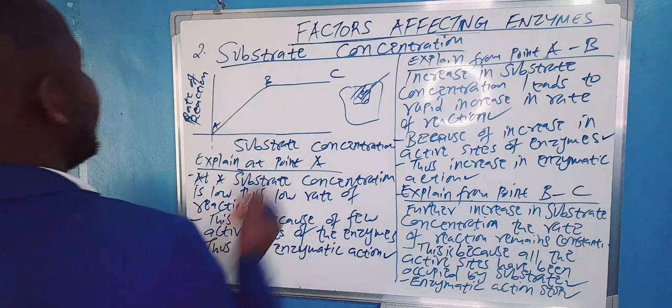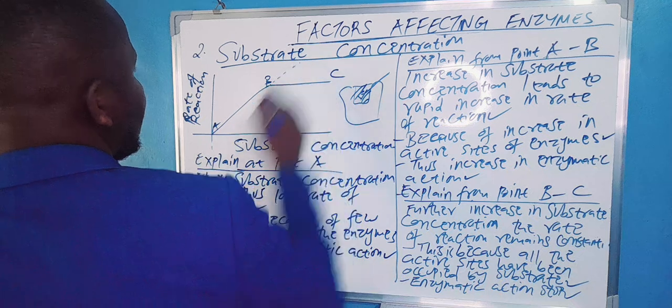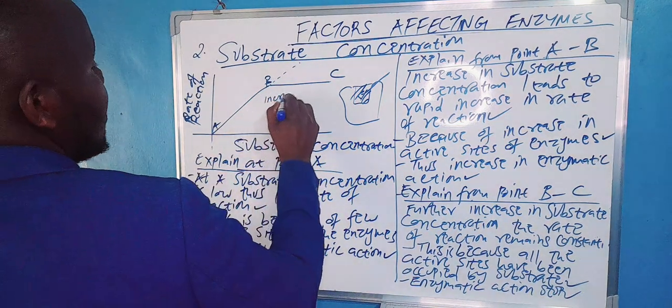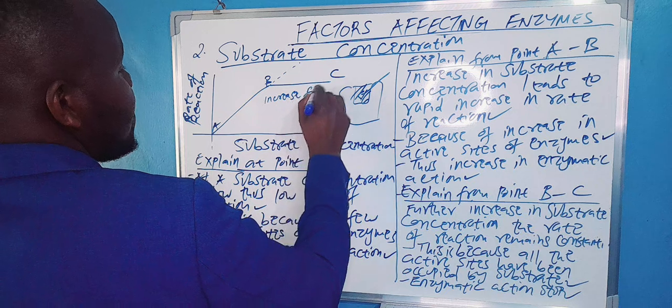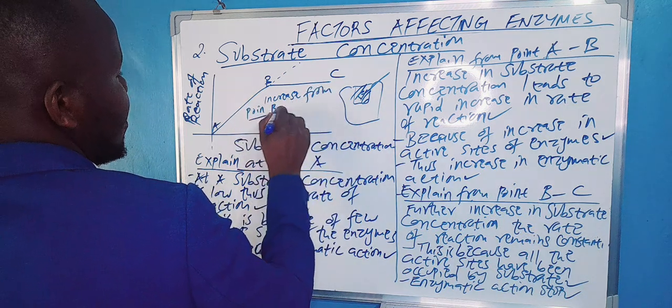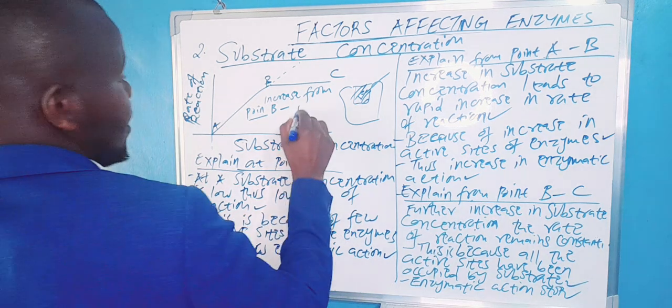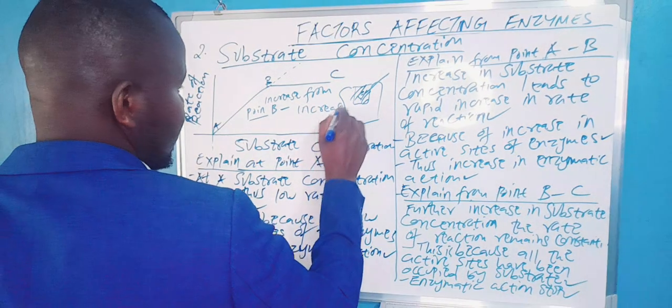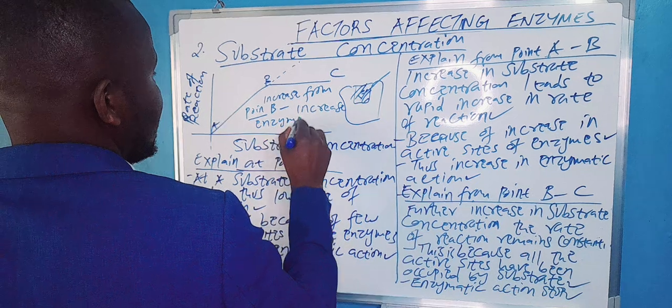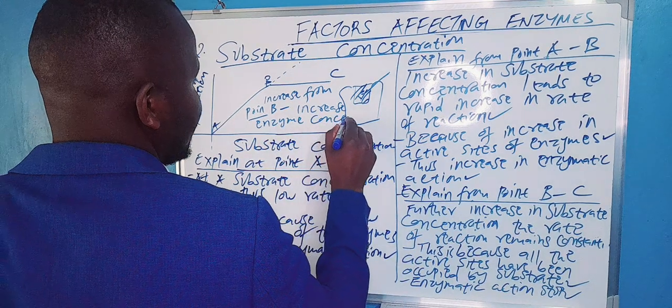How can we increase from point B? Increase from point B. You do what? Increase enzyme concentration.